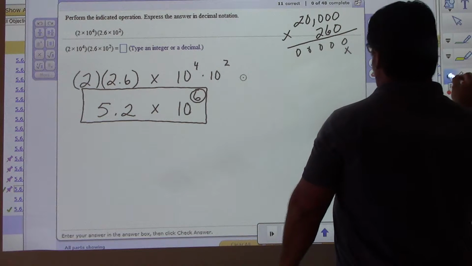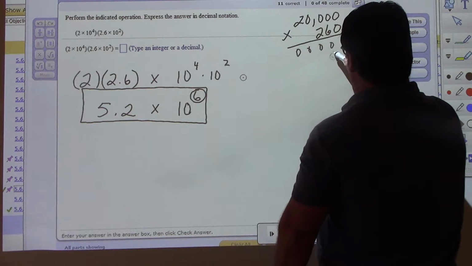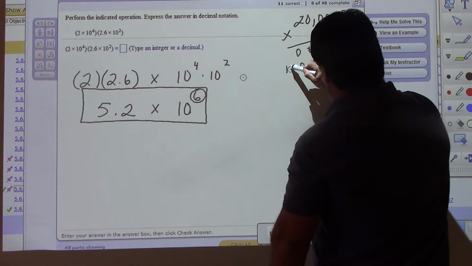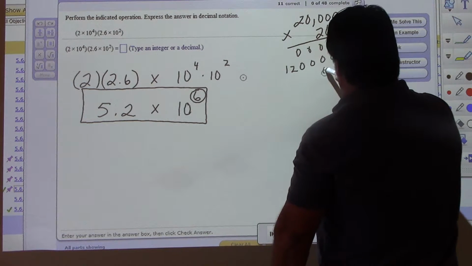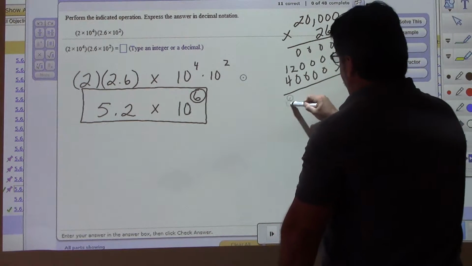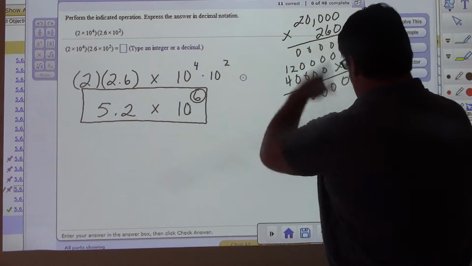And then you'd have to do 6 times 0, which is 0, 0, 0, 0. God, this is a pain. And then 0, 0, 0, 0, 4. Whatever.